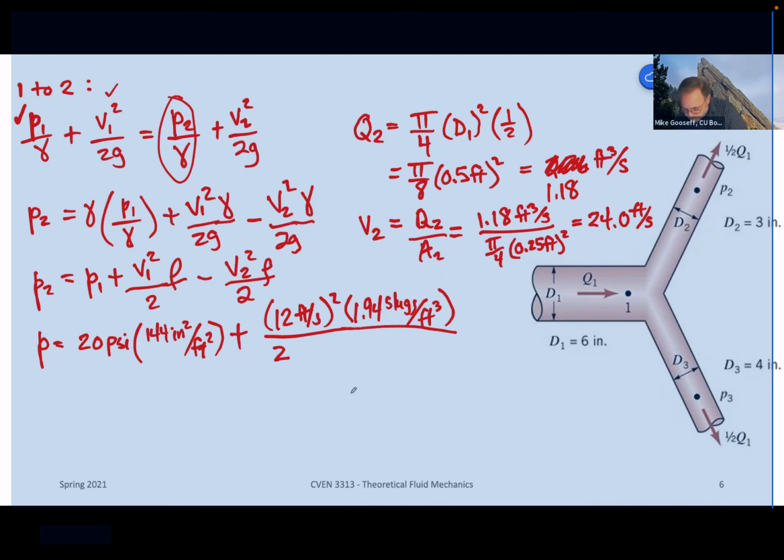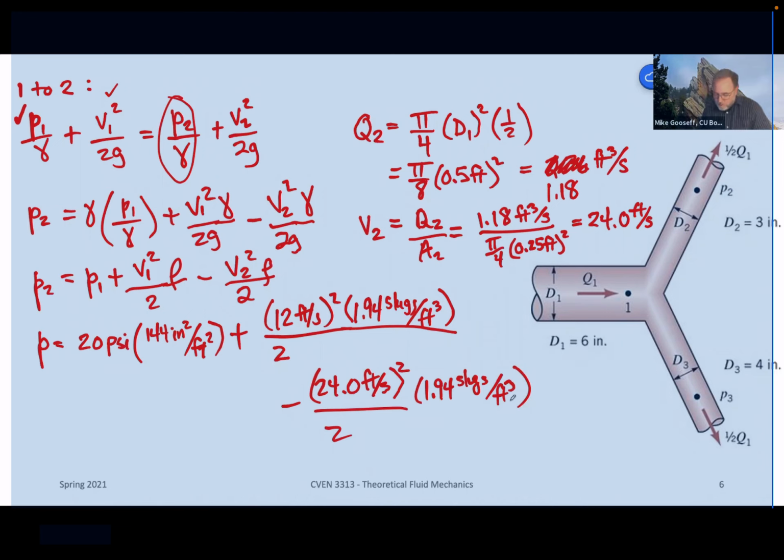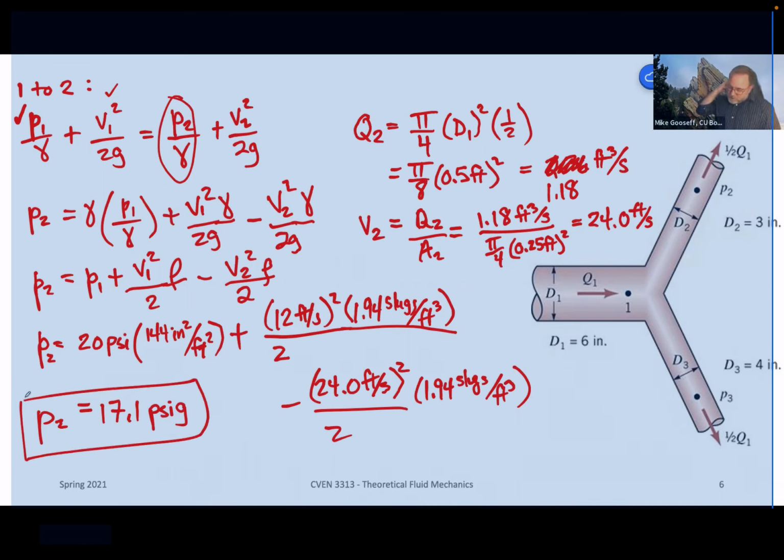And then we're going to subtract this 24.0 feet per second quantity squared over 2 and multiply by, again, 1.94 slugs per foot cubed. Okay, so this is P2. When you work this out, it should come out to be 17.1 PSI gauge, which is the same units as the 20 PSI gauge that we were given at point number 1.